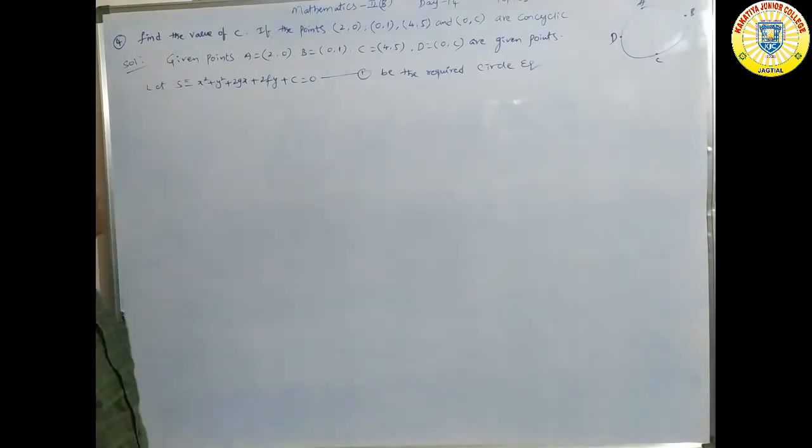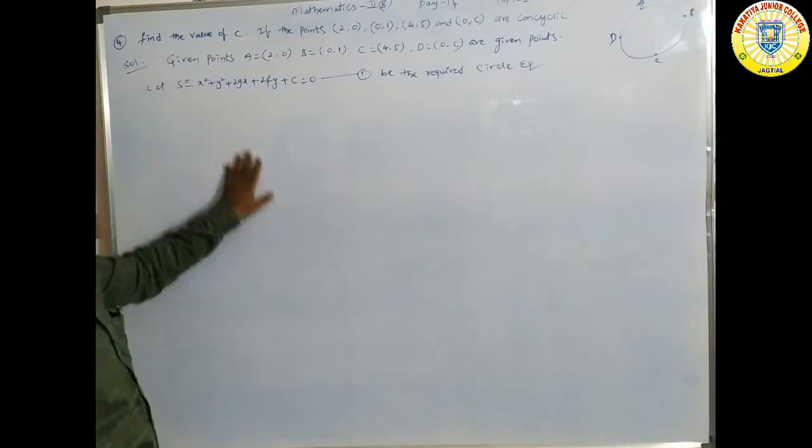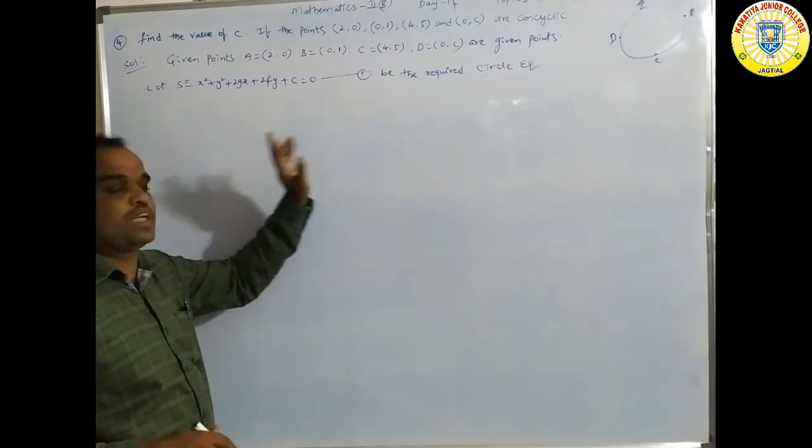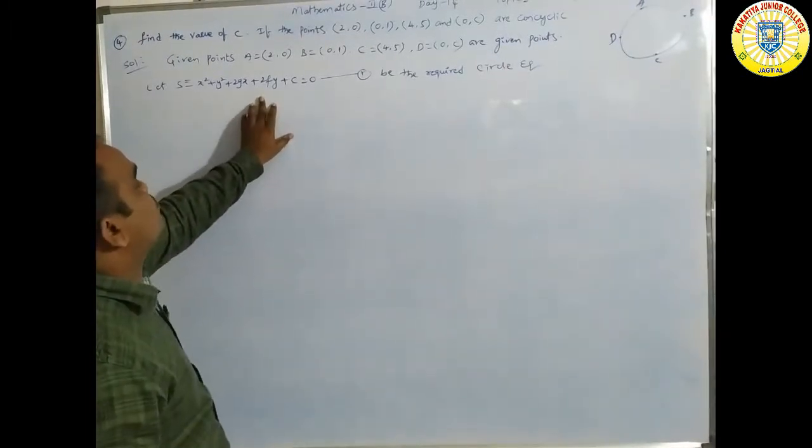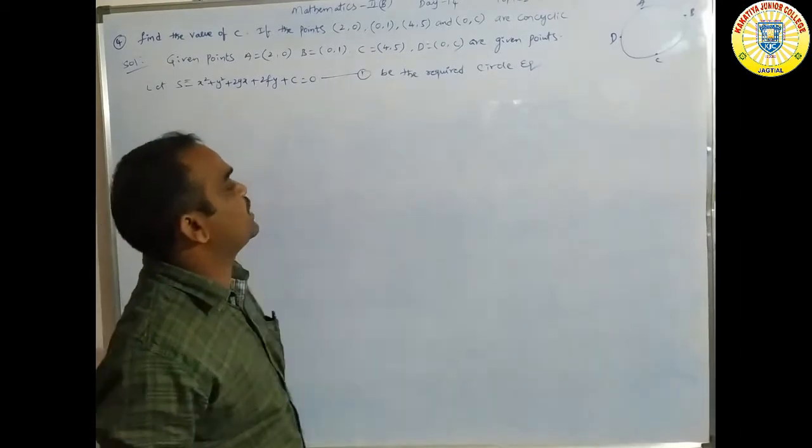This is equation 1. This is the general form of the circle.